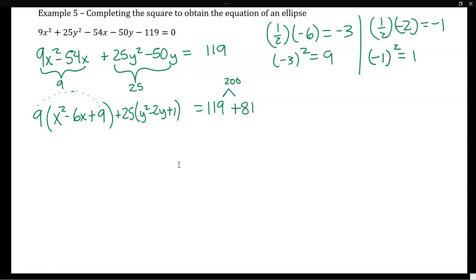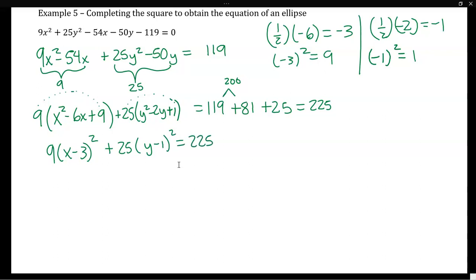But what we've really added to the equation is 25 times 1. So we're going to add 25 on the right side as well. So total, that equals 225. Okay, so now we get 9 times (x minus 3) squared plus 25 times (y minus 1) squared equals 225.